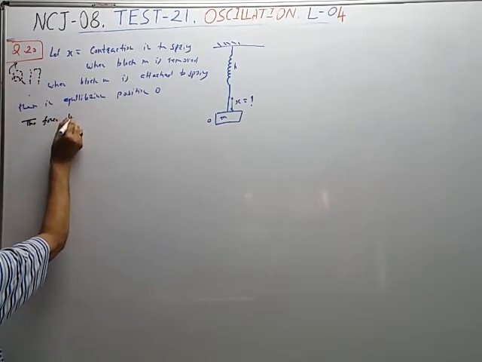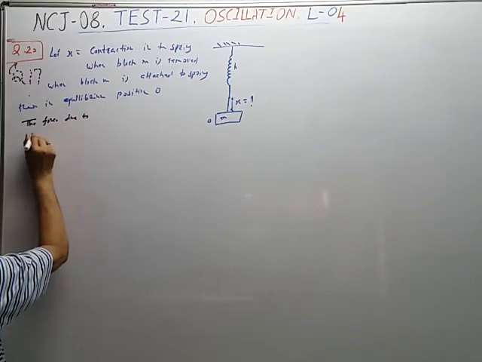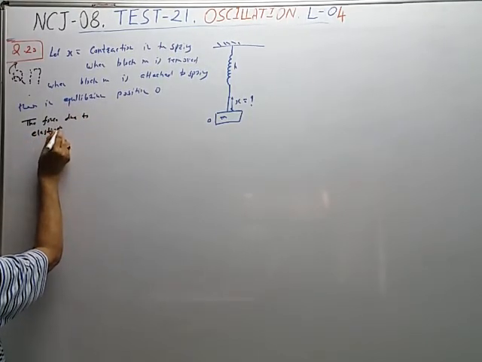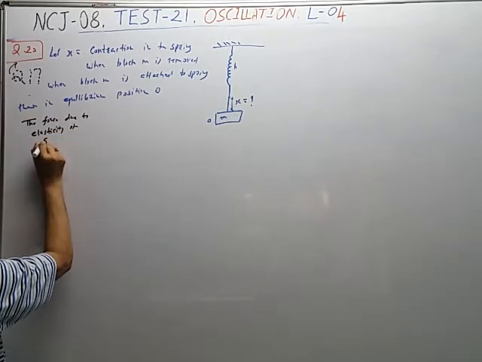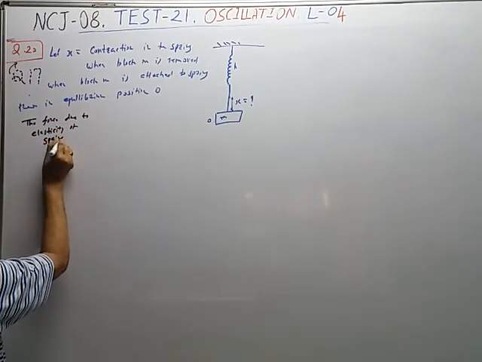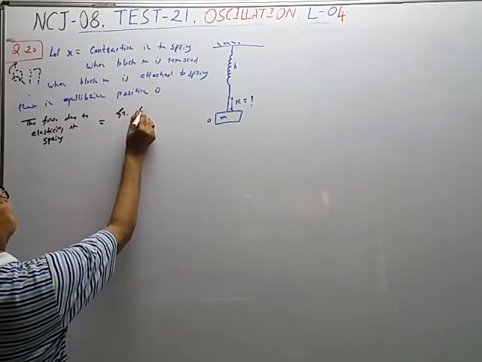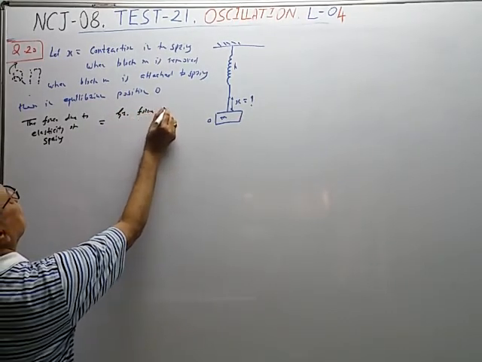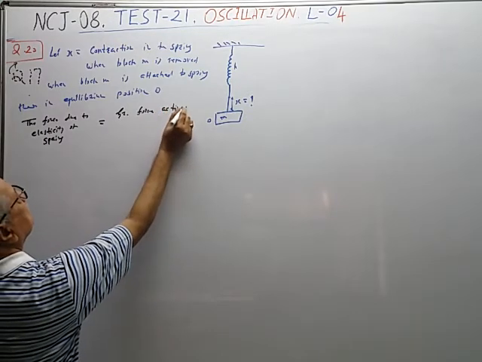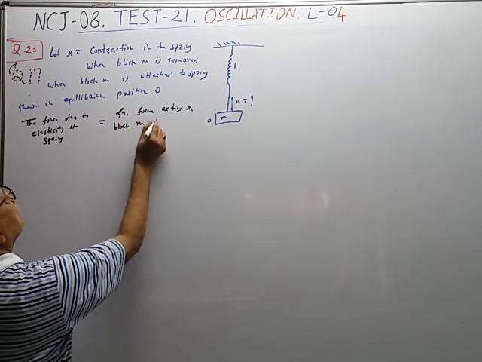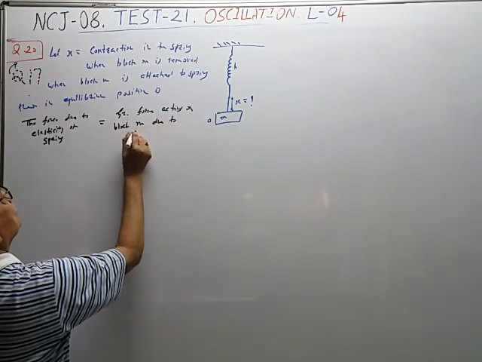In equilibrium position O, the force due to elasticity of the spring is equal to gravitational force acting on block M due to gravity of Earth.